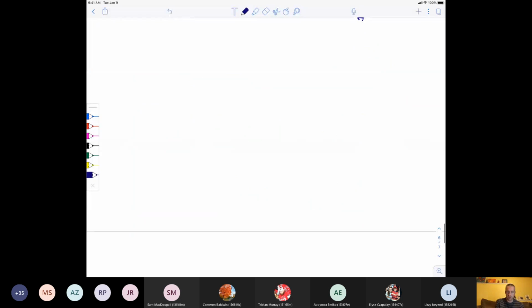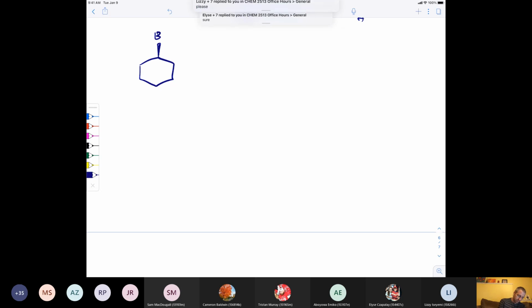Do you want a more straightforward version of a chair one? Maybe, let's say we just do this one. Great. We'll do bromine. We'll put a methyl there. And we will do, let's use a bulky alkoxide.